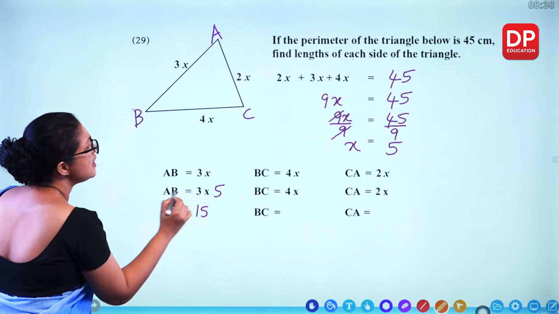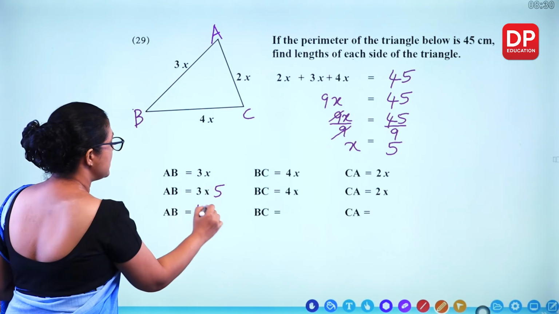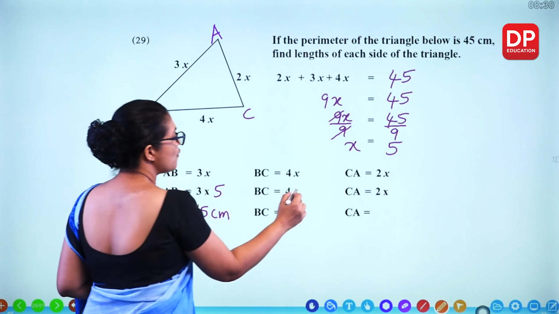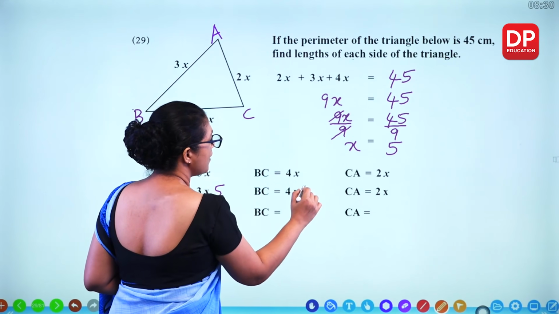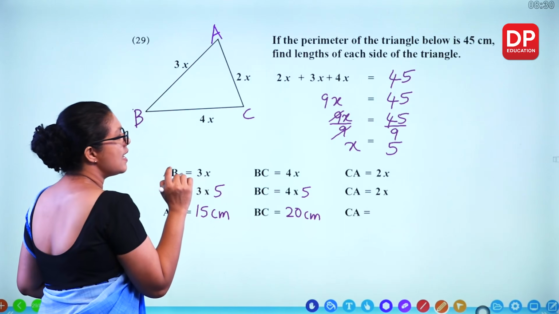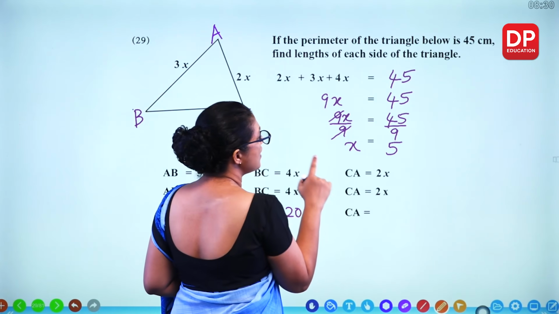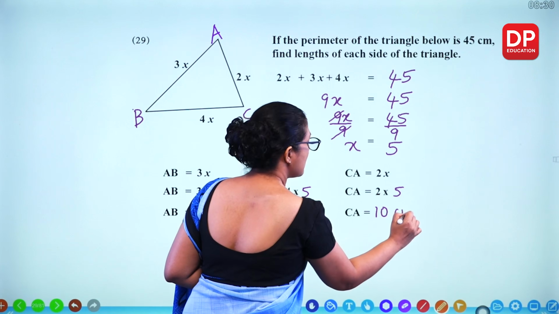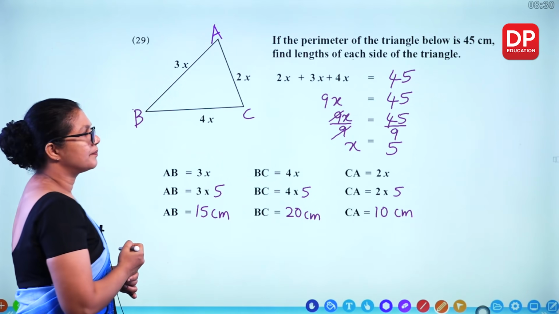That's 15 centimeters. BC 4x. 4 times 5. That's 20 centimeters. And this one is CA 2x. 2 times 5, 10 centimeters.